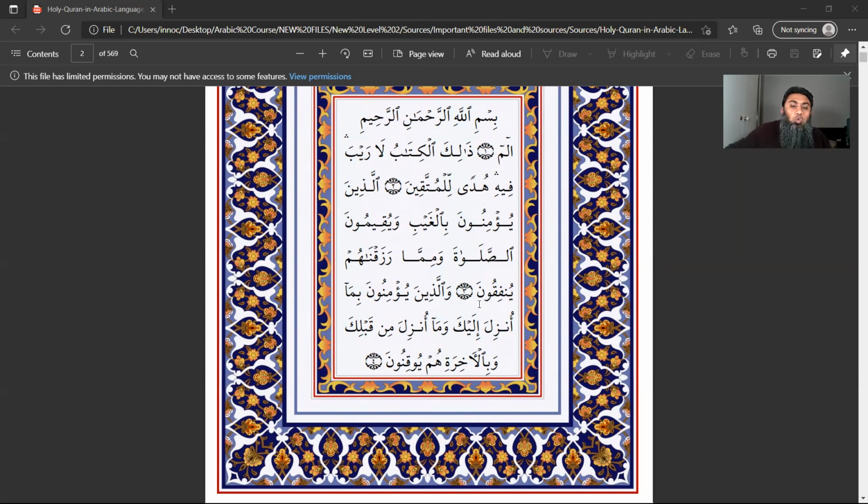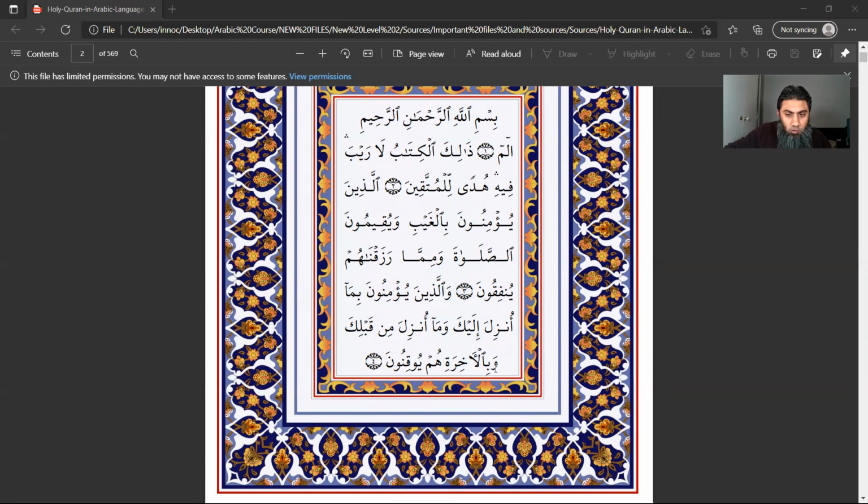And if you want to go further, from this allazina, another construction has started. Allazina is a mawsul, yu'minuna bima unzila ilayka wa ma unzila min qablik. From yu'minuna to min qablik, the whole sentence is a jumlatul failiya. Clear? This jumlatul failiya is the sila for this allazina.